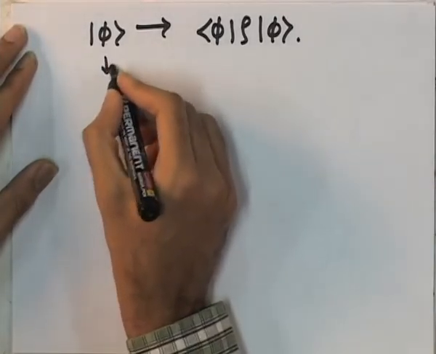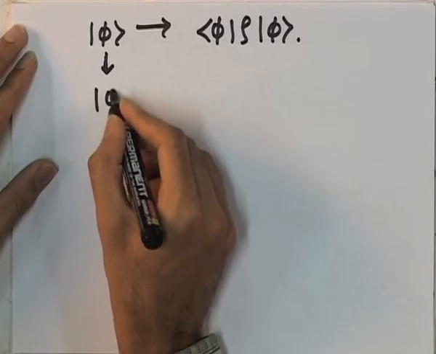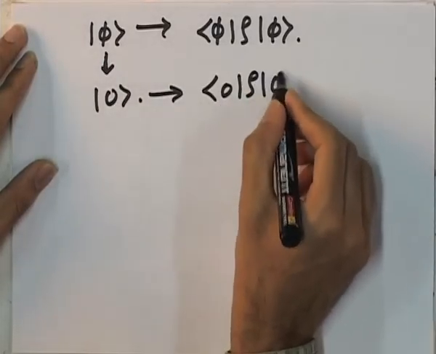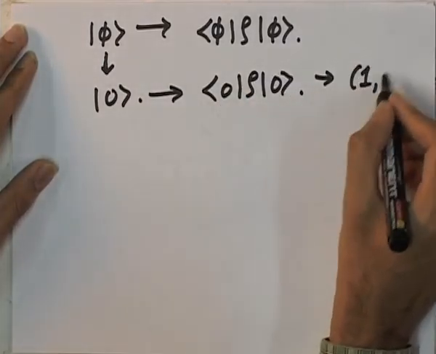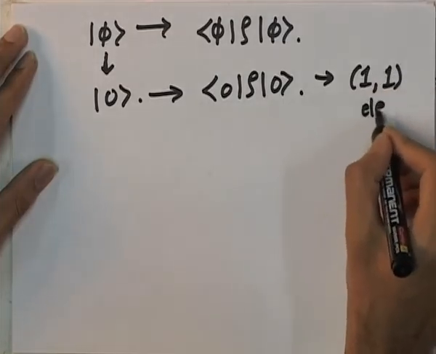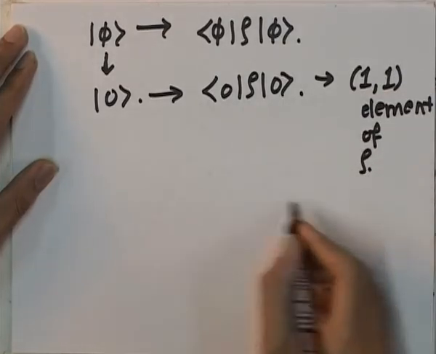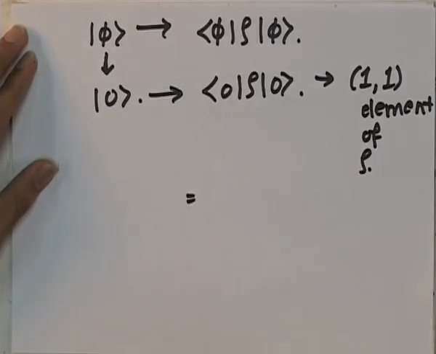In place of phi, we have the state 0. So what we need is <0|rho|0>, which is just the 1,1 element of the matrix, which is equal to 1 by 5. So option C is correct.